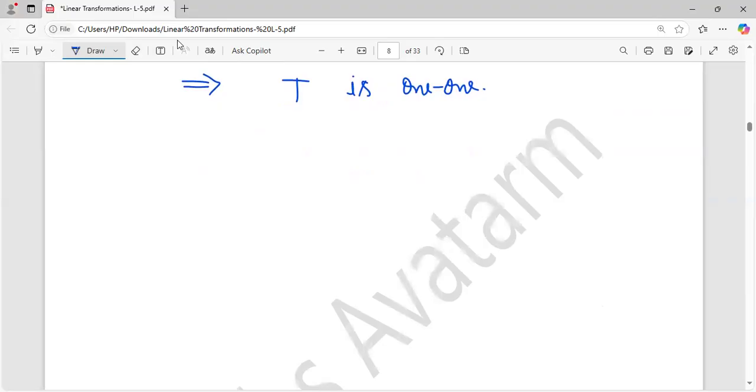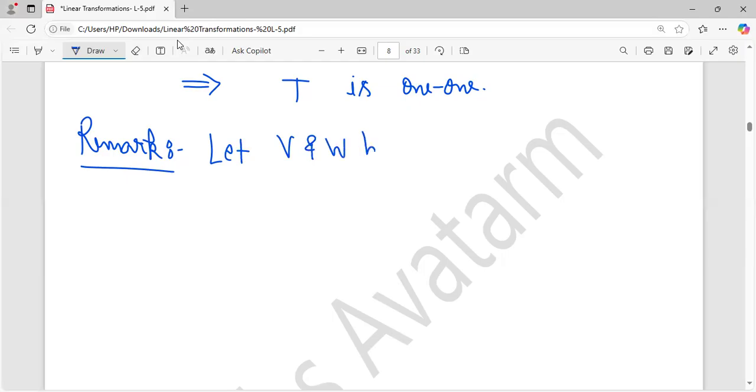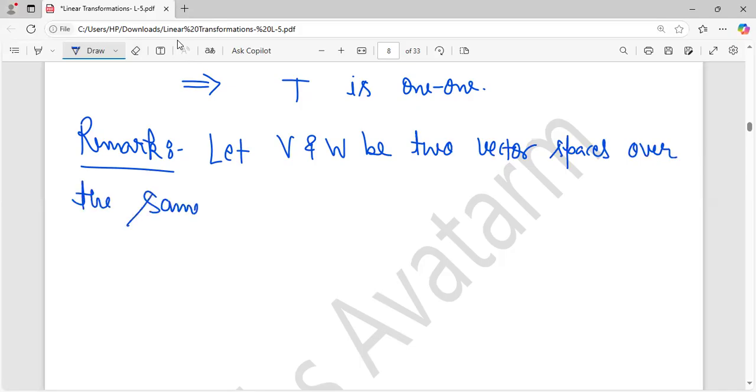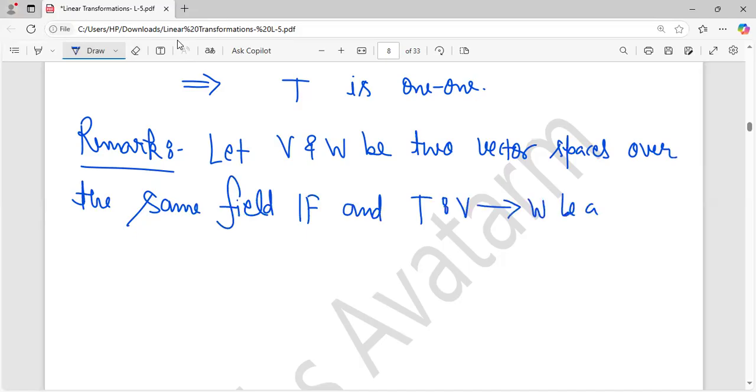So, remark. Let V and W be two vector spaces over the same field F, and T from V to W be a linear transformation.